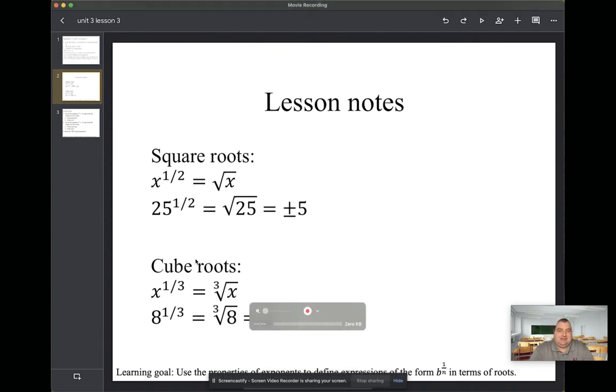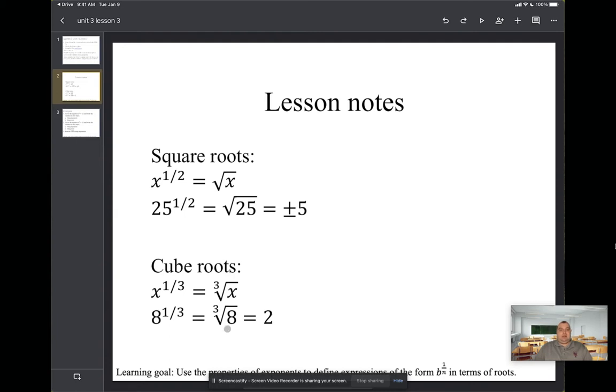Cube roots are the same thing, except cube roots are equivalent to an exponent of 1/3. So you could see here, taking the cube root of a number is the same as taking that number and raising it to the power of 1/3. Here's again an example that everybody knows.